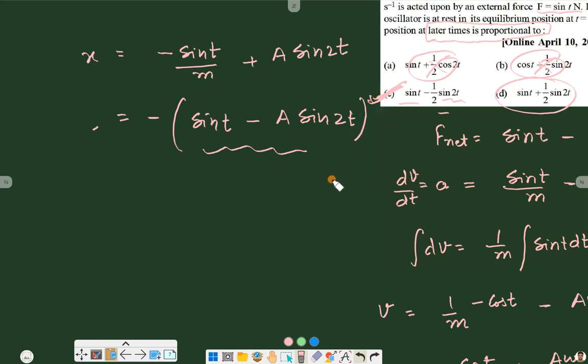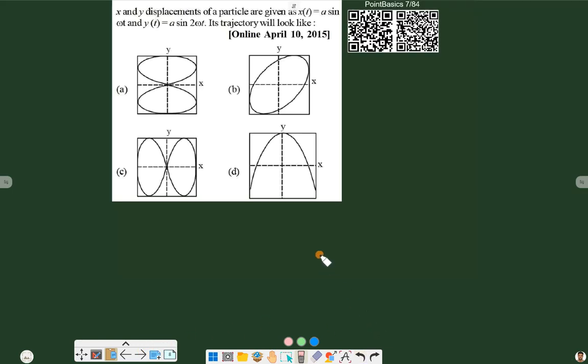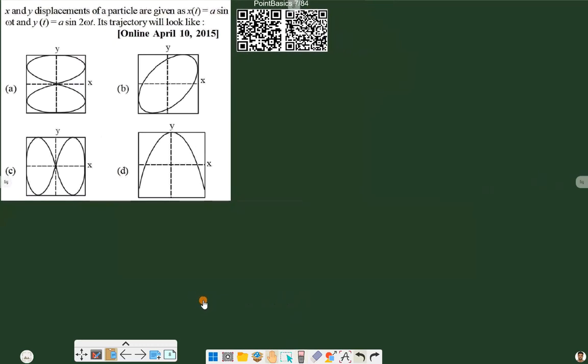Now let us move to next question. In this question, we have to form a trajectory for the equations that are given to us. So let us start forming the trajectory. We have two equations. x is equal to a sine omega t and y is equal to a sine 2 omega t.